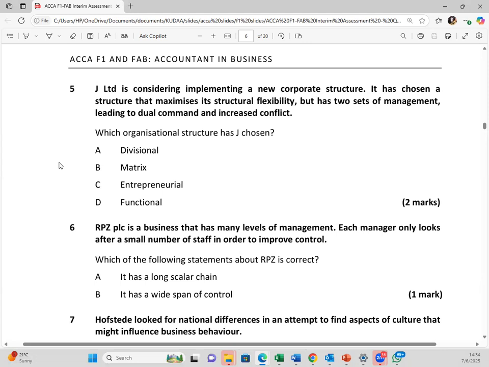I think we have repeated this. Which structure is this? It is the matrix structure. Indeed, that one is the matrix structure. That's where we have dual command.